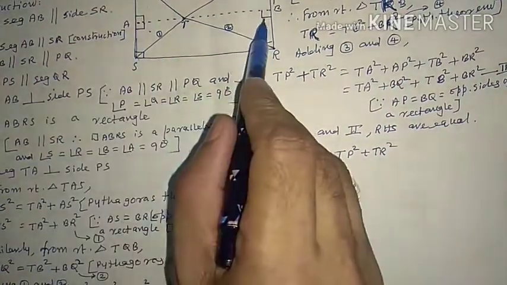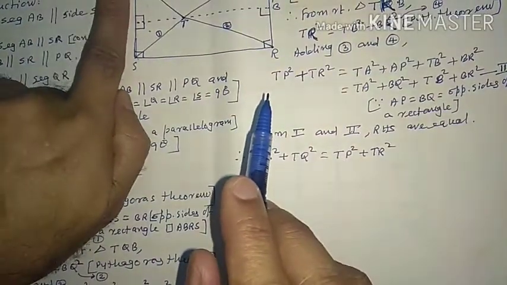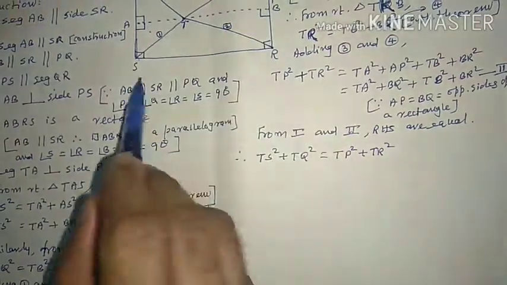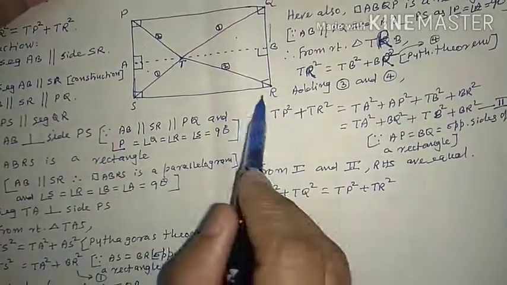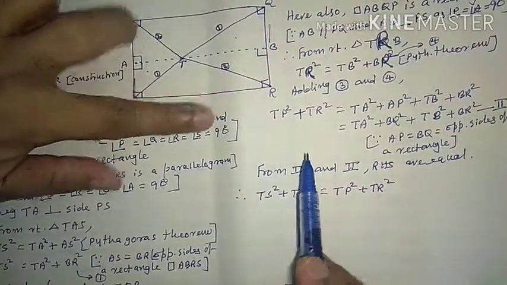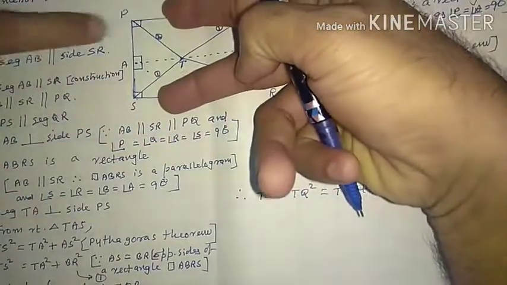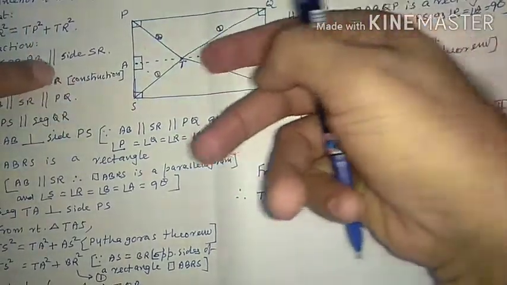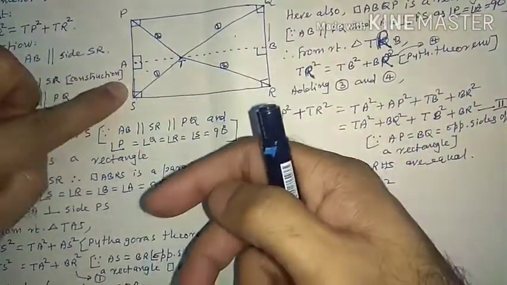But here AB is perpendicular to this PS, this angle is 90 degrees, and AB is parallel to this SR, parallel to PQ, meaning these three sides are parallel and these two are perpendicular, say 90 degrees, and parallel to this also. So that also is perpendicular to PS.